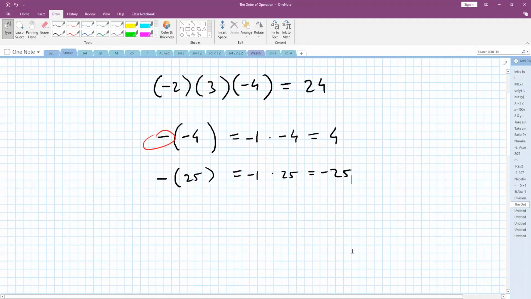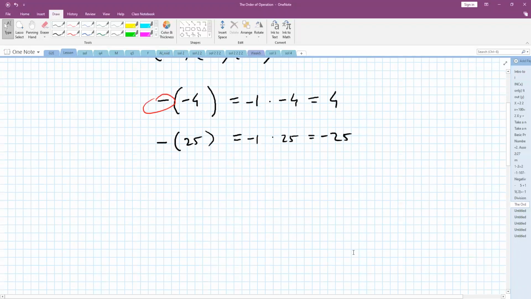And let's suppose you have something like this now: -2, and then put a bracket, -7. So this is actually the same as before.